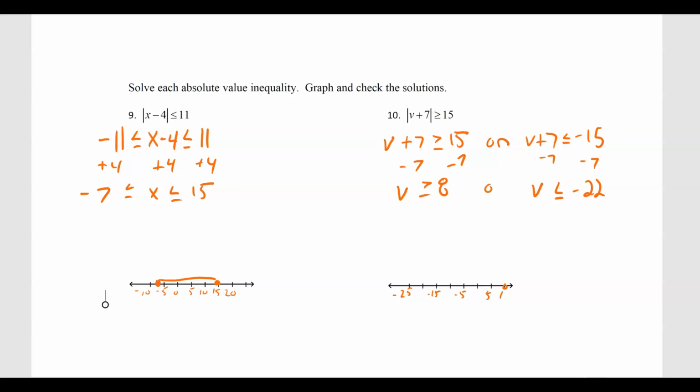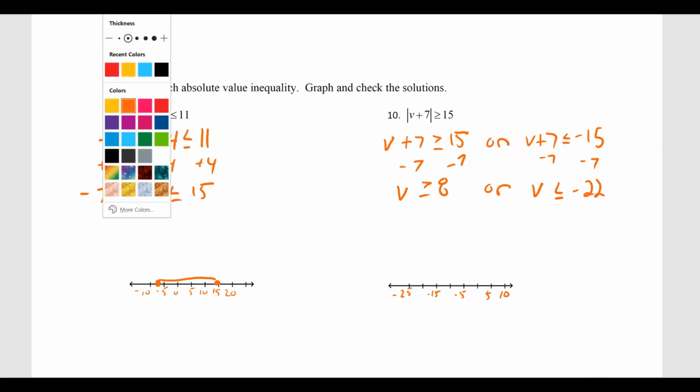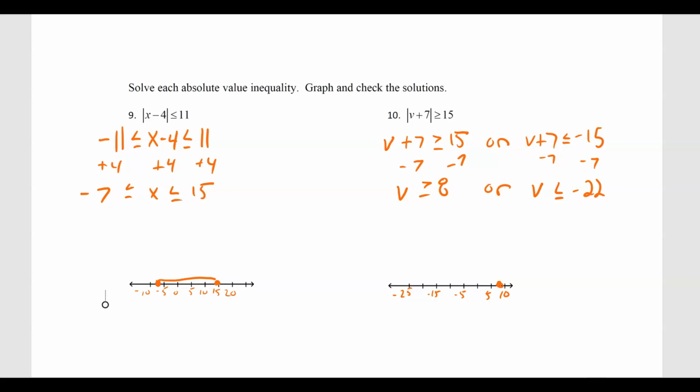So in this case, I have an OR statement. So where are my solutions? My solutions are at greater than or equal to 8, less than or equal to negative 22. So I'll draw those arrows.